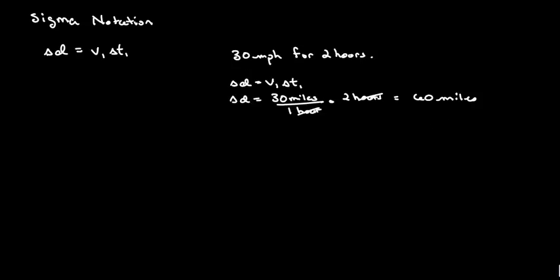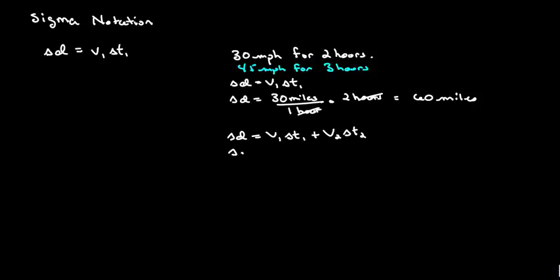Now let's say, for example, that during the next 3 hours, you travel at, I don't know, 45 miles per hour. Well, now your change in distance is equal to your velocity 1 times the change in time 1 plus this new velocity times its change in time.